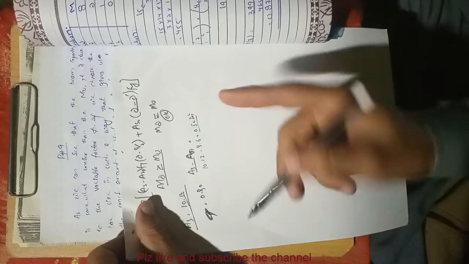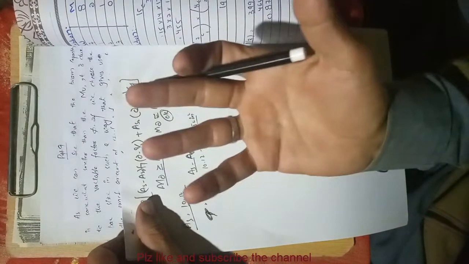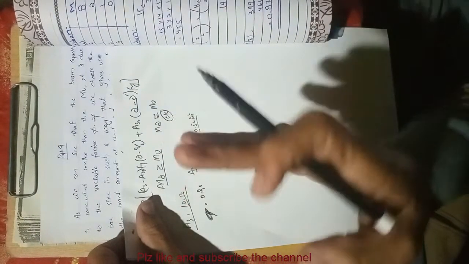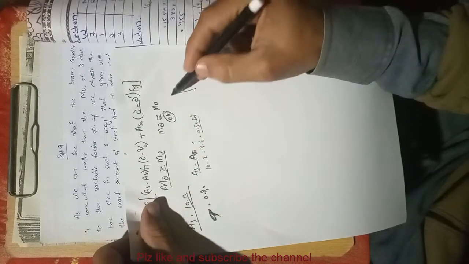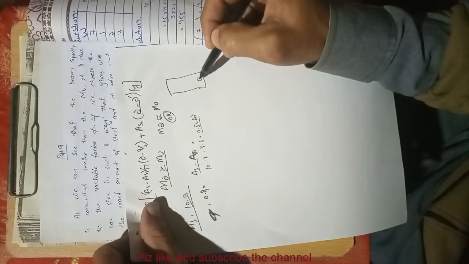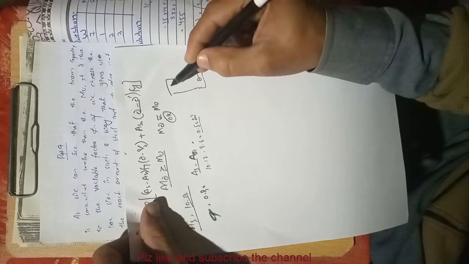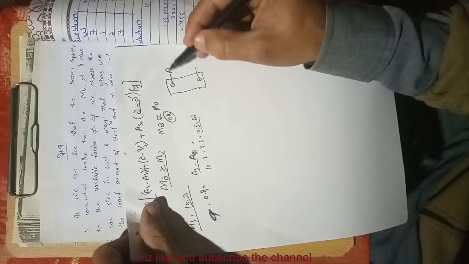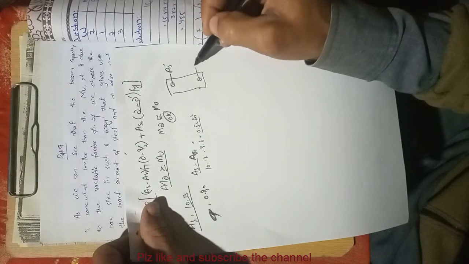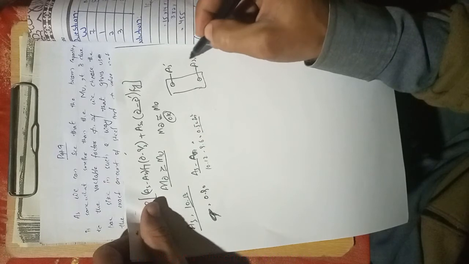Now the question is how much we can increase and what amount of steel: whether we have to increase the tension reinforcement, or whether we have to increase in compression.